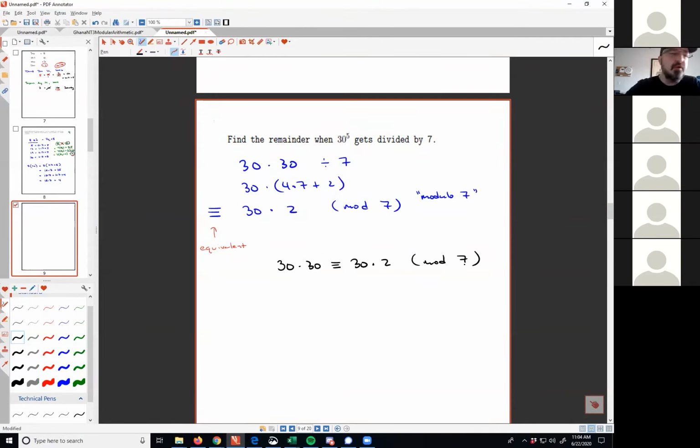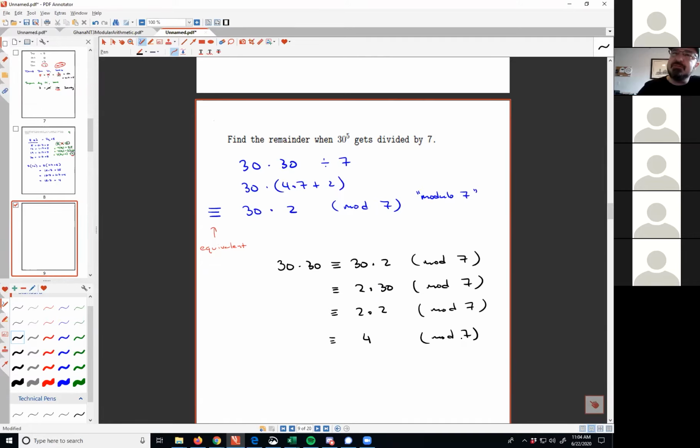And if we can replace 30 with 2 and multiplication is commutative, then now we can think of this as going forward 30 days 2 times, and we can replace that other 30 with a 2 also. And then we say, hey, that's just 4 modulo 7.